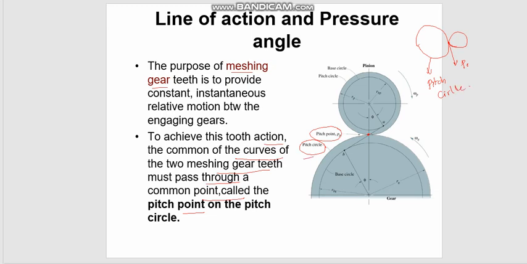So you have to remember that when we talk about a pitch diameter, then it is the diameter of this particular circle, and basically we are referring to the outline of the gear to represent the gear, and that outline is called the pitch circle.